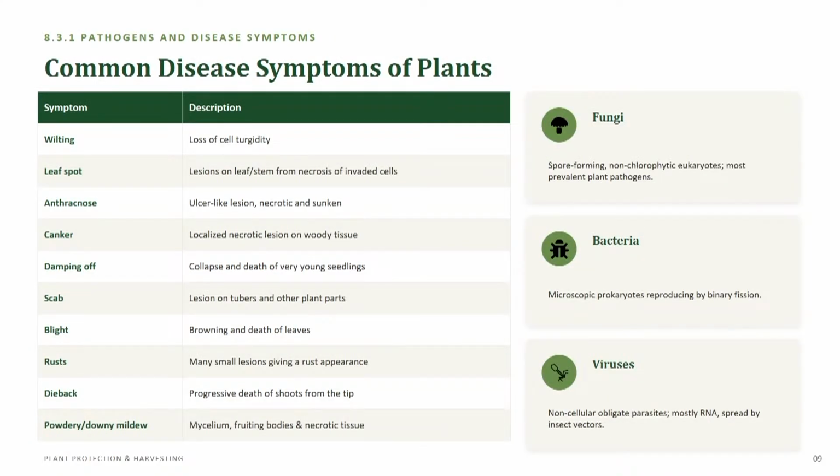Coming to fungi, we can define fungi as spore-forming, non-chlorophyllous organisms and prominent plant pathogens. Bacteria are microscopic and prokaryotic, and they reproduce by binary fission. A virus is a non-cellular organism that has no metabolism when outside the host, and it lacks digestion as well as respiration.